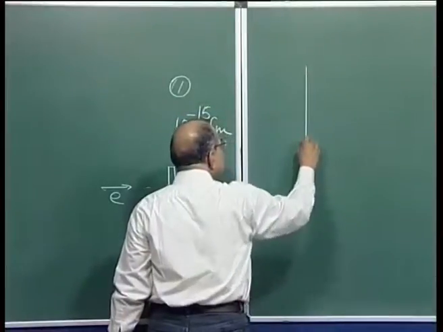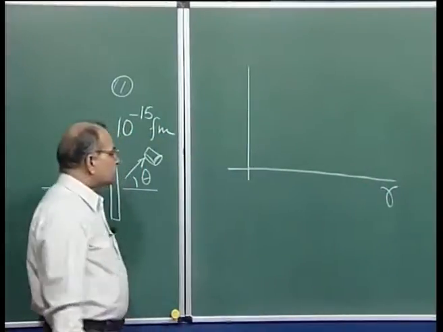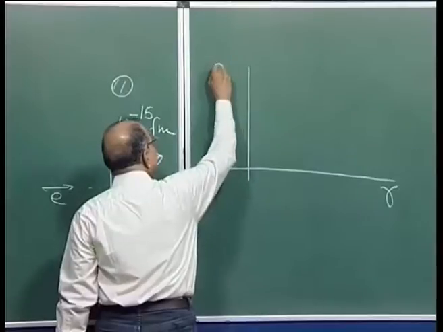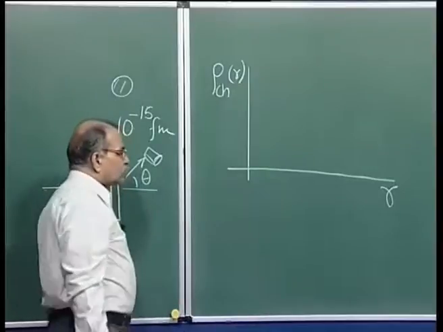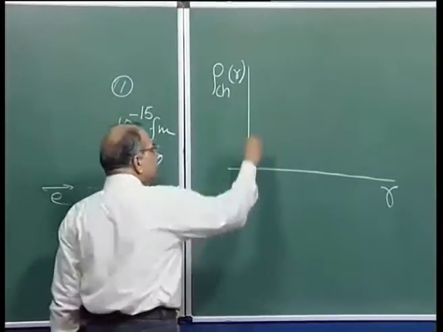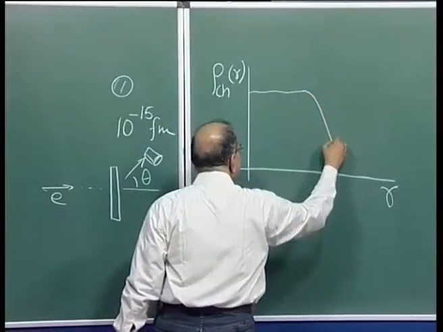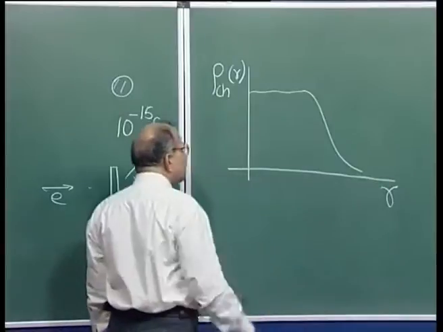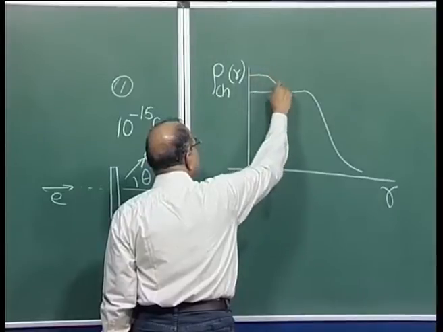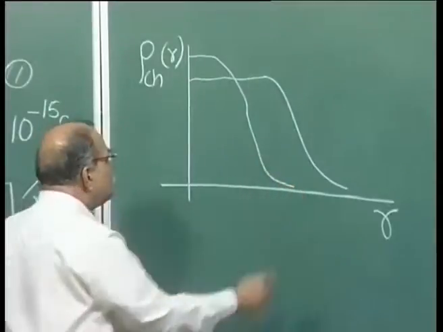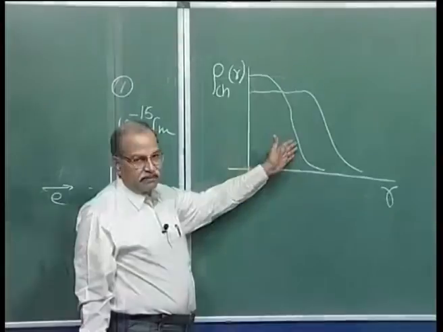What we had seen in the results of these experiments is that if you plot this charge density as a function of r, then you find that it is an almost constant value, and then it tapers off. For different nuclei you have slightly different values, but the nature is almost the same.